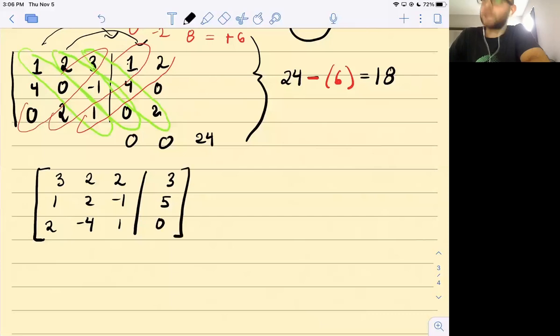And we saw the answers already. The answers were 2, 1/2, negative 2 for x, y, and z. So let's solve this using Cramer's rule. Oop, that's not what I want. I want this guy.